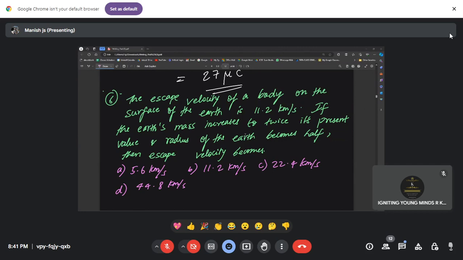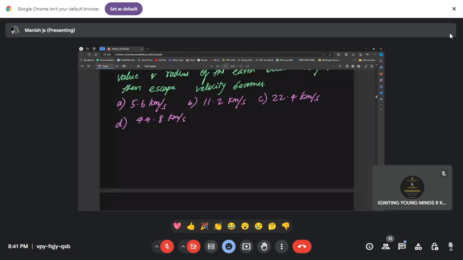Anybody knows the formula for the escape velocity? Yes, children. It is under root of 2GM upon R, right? That's the relationship.